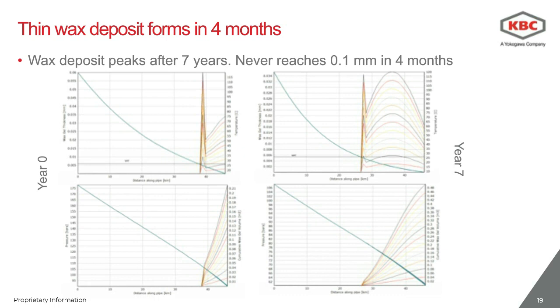And the total wax amount deposited after 4 months is more than twice as much as it was at the beginning of production. However, if you look at the wax thickness again, the peak of the wax thickness is not very dissimilar from what it was at year 0, except for that spike that you can see at the beginning of the deposit, which is probably a numerical effect induced by a dip in the flow line profile.